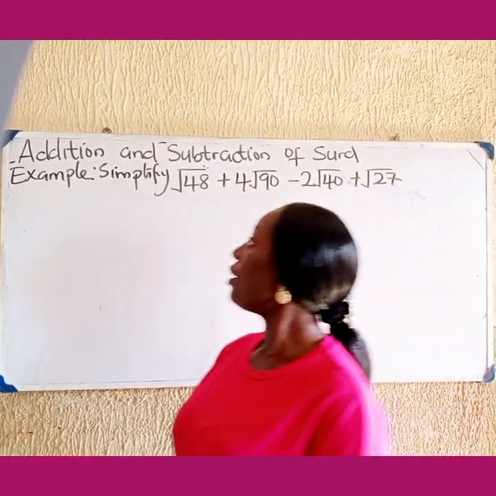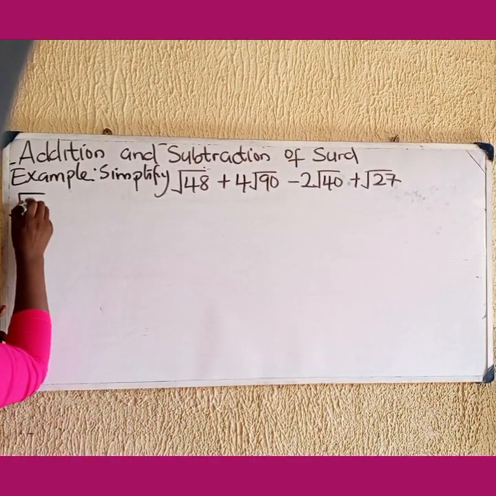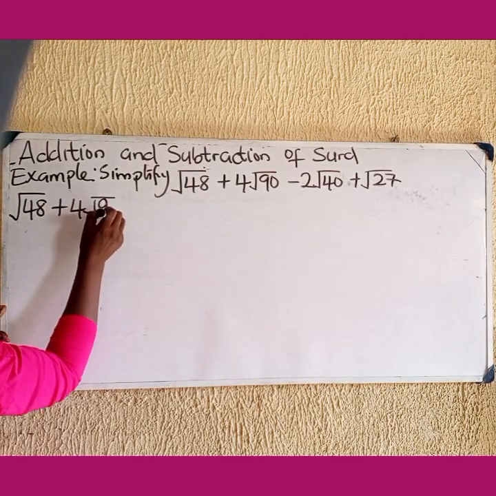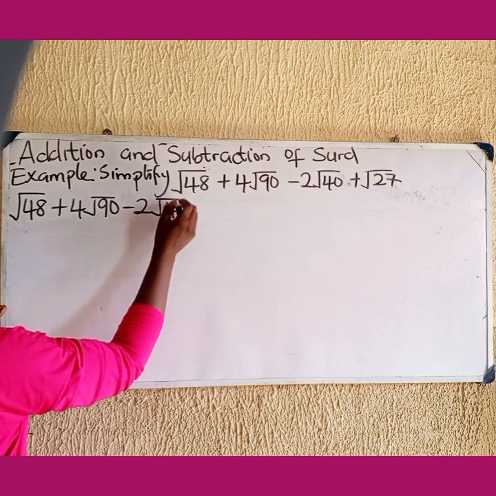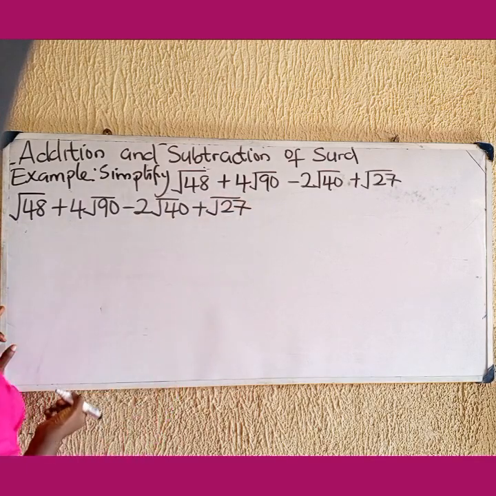I'm solving one more example. I have root 48 plus 4 root 90 minus 2 root 40 plus root 27.